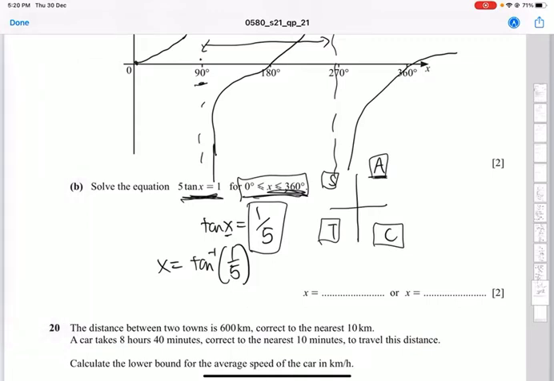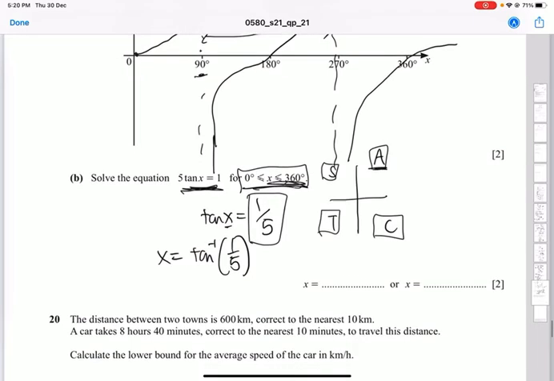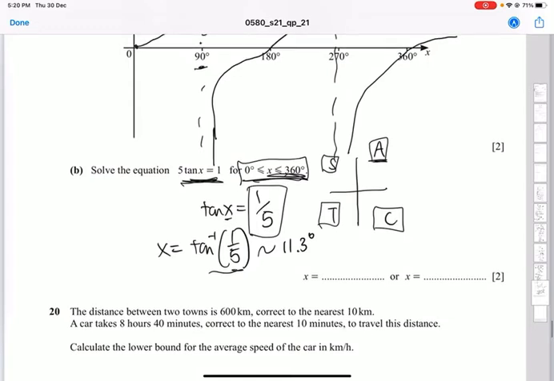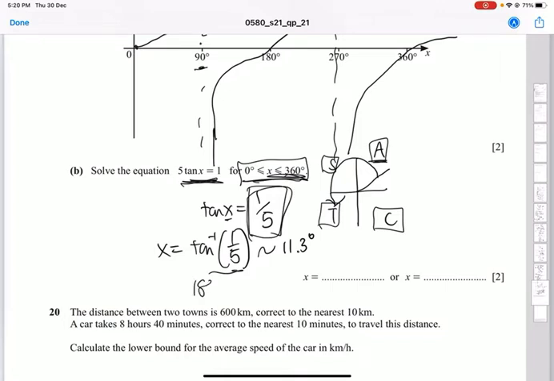Once you get that value, you should get about 11.3 degrees. Then you need to add 180 degrees to get the other positive value. So it should be 180 plus 11.3, that gives you 191.3.